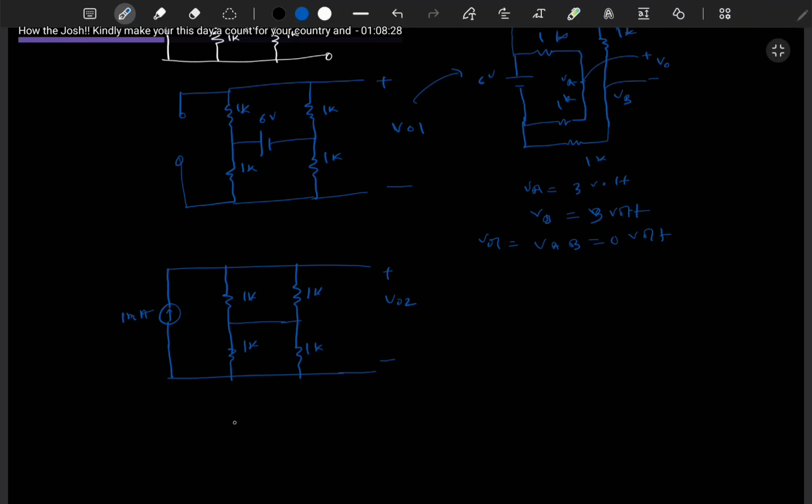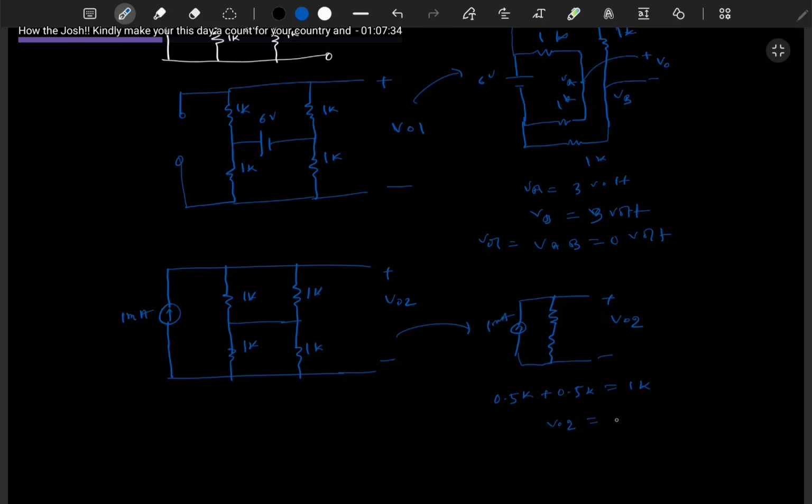So as it is short, 5K plus 0.5K, 0.5K plus 0.5K equal to 1K.